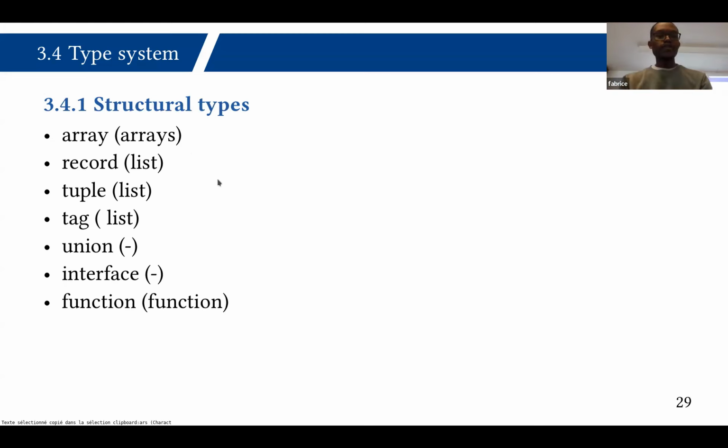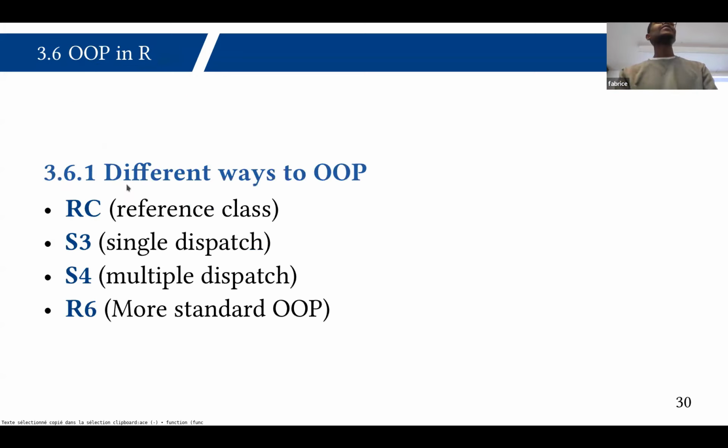For instance, we can build things with arrays, records, tuples, tag, union, interfaces, and function. So functions are also types. Just to know that, all those things look complicated. That can be a bit much, but we'll see everything.